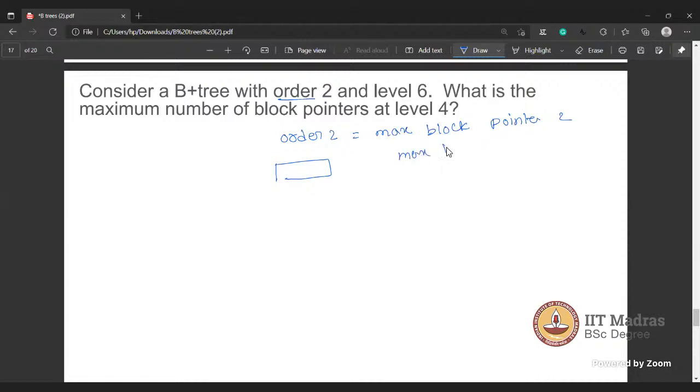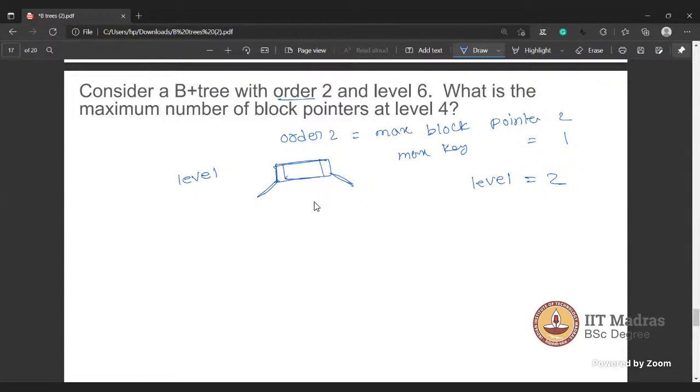So at level 1, the maximum block pointers are 2, right? This block pointer and this block pointer.